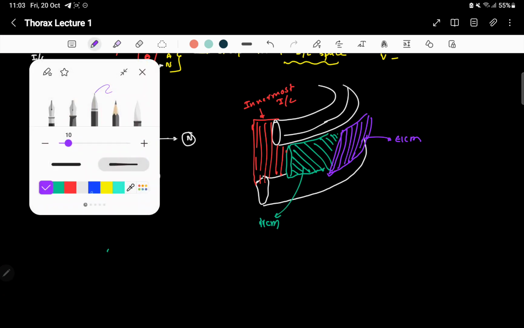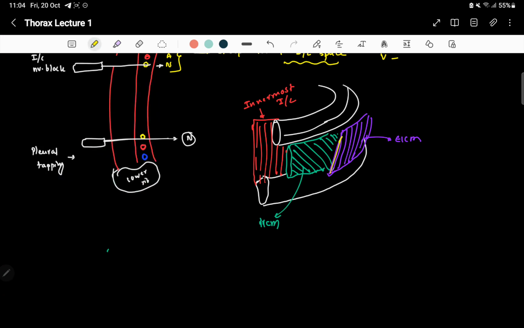You can observe here that the external intercostal and your internal intercostal are nearly perpendicular, mutually perpendicular. Okay, understood?